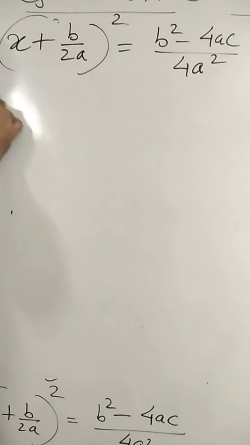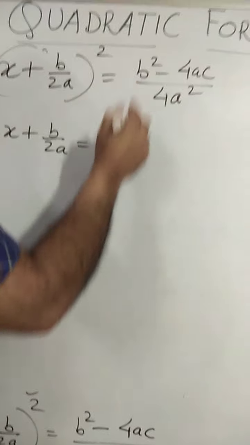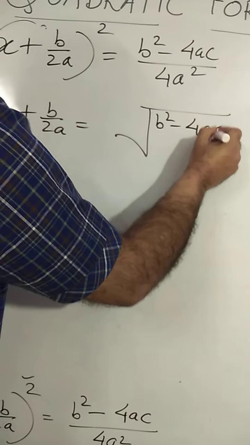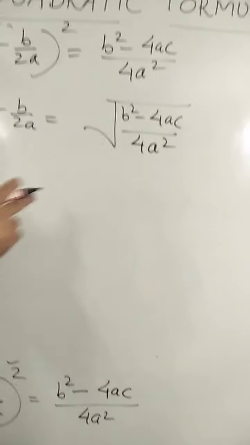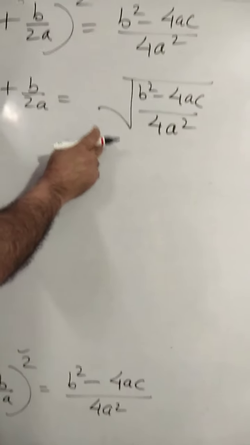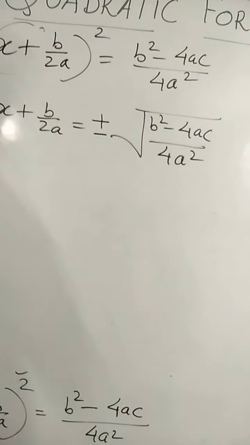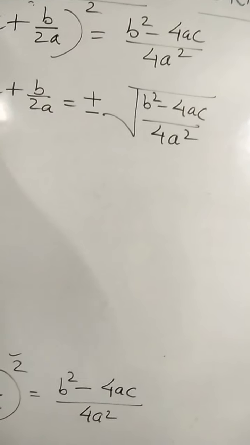So therefore this implies x plus b over 2a is equal to the square root of that. And you know one thing, whenever we place the square root sign, remember, don't forget this, you have to always place two signs, plus and minus. And you know why we take plus and minus.